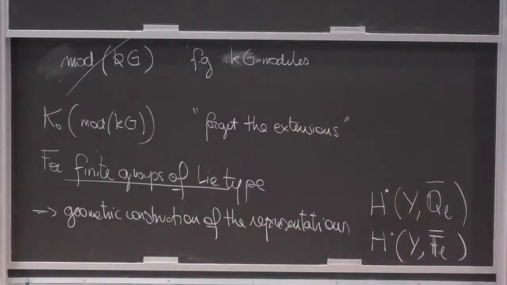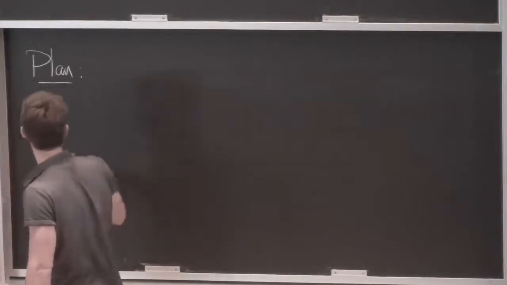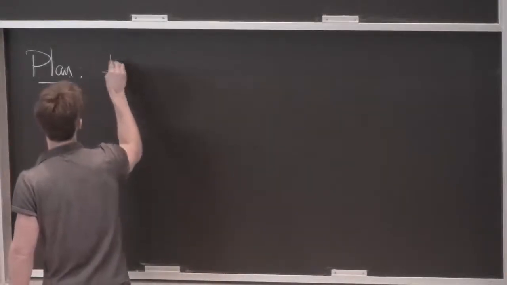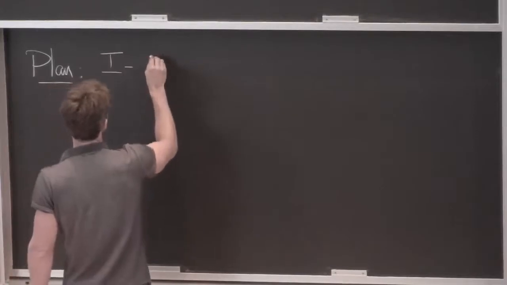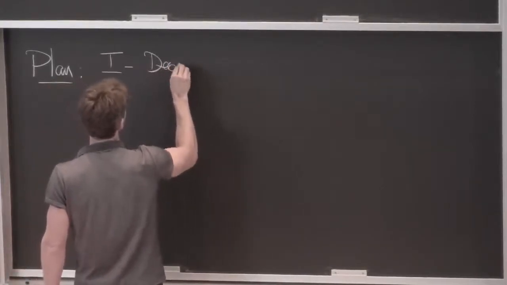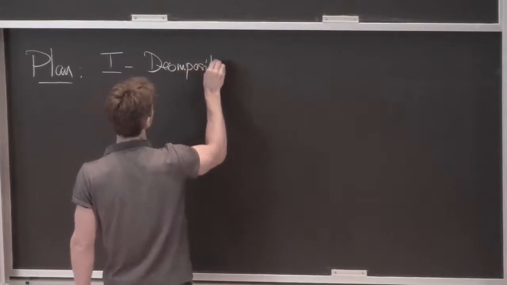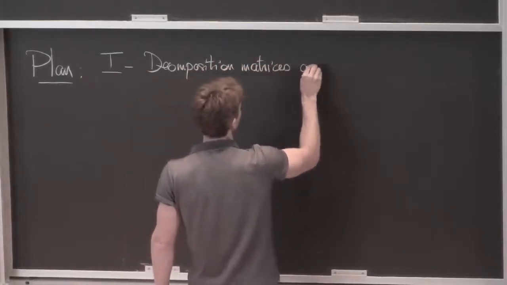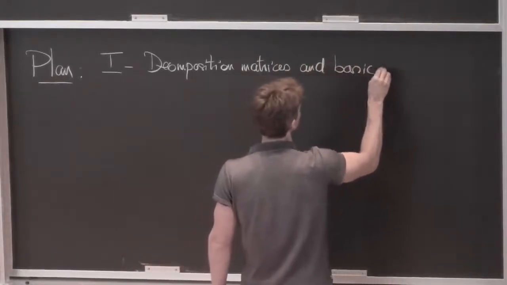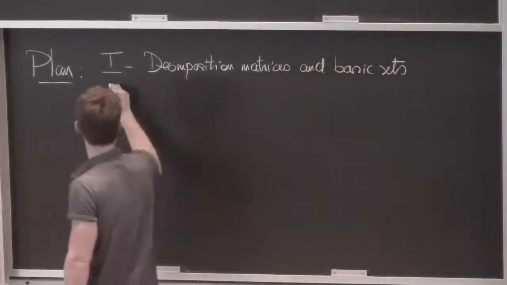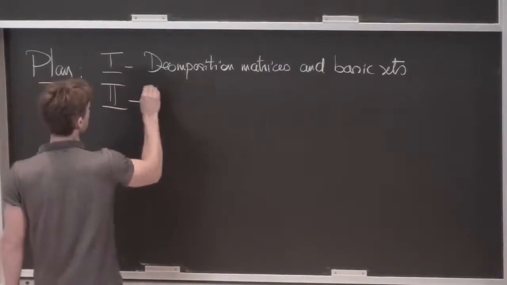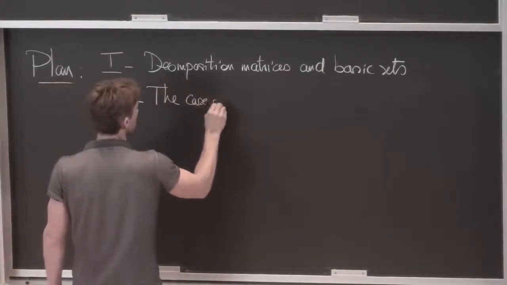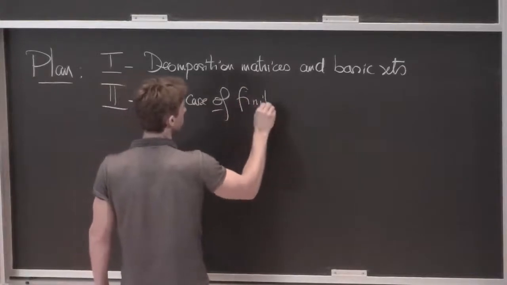Okay, so I can tell you a bit about the plan of the lecture. So today, as I said, I will not talk about anything geometric, not anything specific to reductive groups. Just introduce the decomposition matrices or decomposition numbers and the basic sets. Then I will explain the case of finite reductive groups.